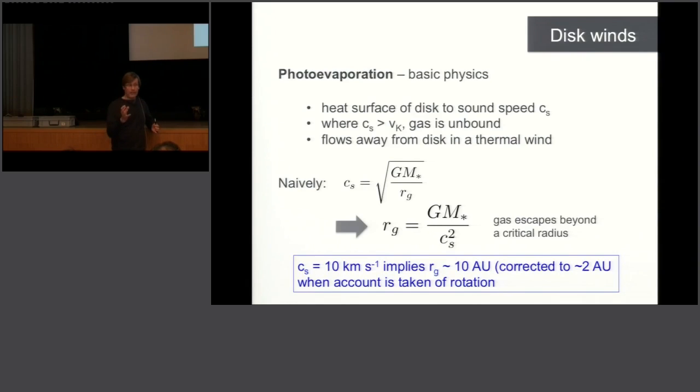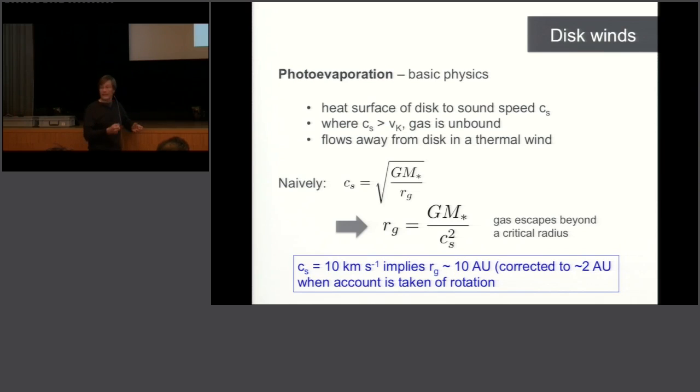The disk is obviously rotating, and so it has kinetic energy to start with, and so the gas on the surface can actually escape more easily than if it was just sitting there in some sort of bound structure like a planet. And that correction factor turns out to be rather significant. When you account for that, you get a number of about 2 AU given this value for the sound speed.